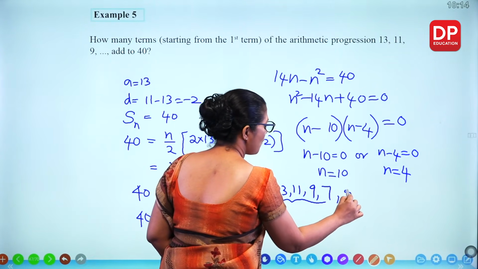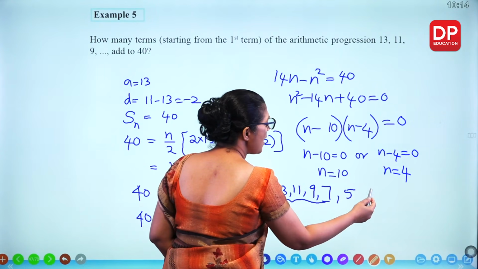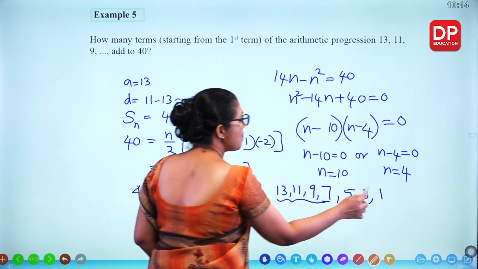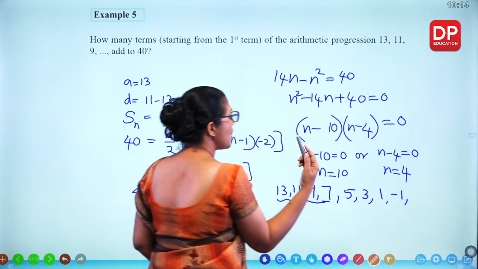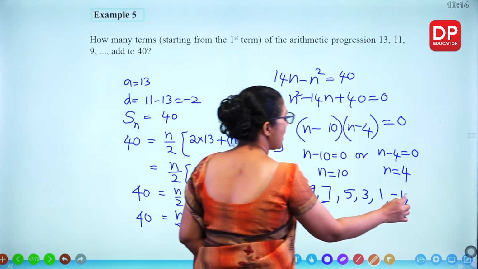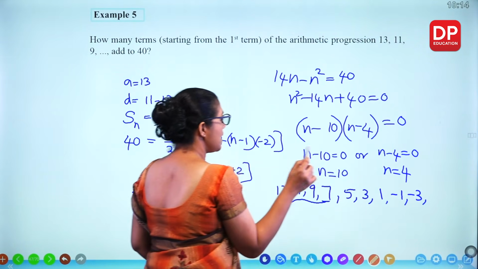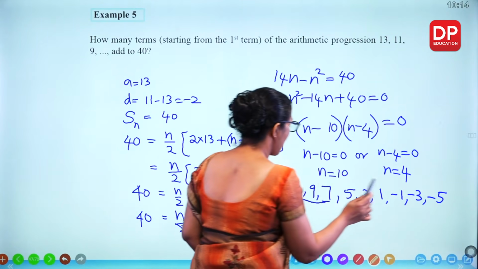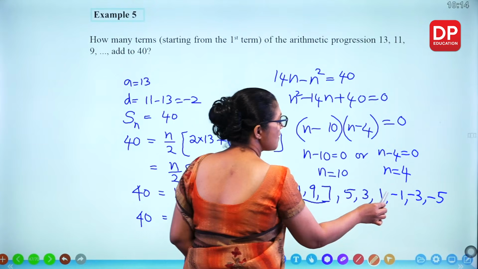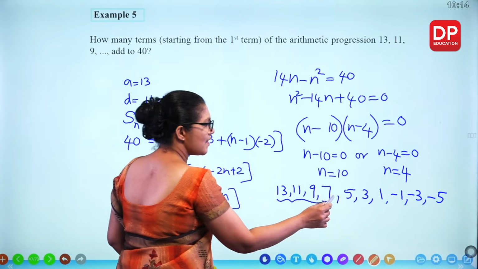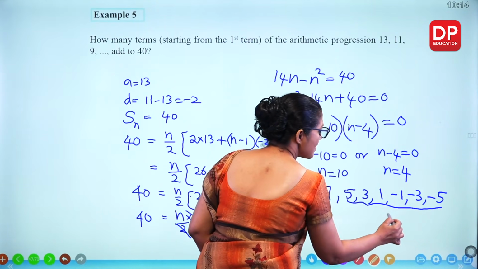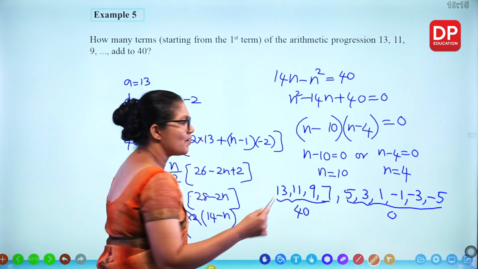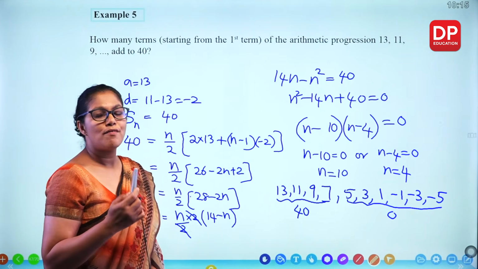Minus 2, you get 5. 5 minus 2, you get 3. 3 minus 2, 1. 1 minus 2, minus 1. Minus 1, minus 2, minus 3. Minus 3, minus 2, minus 5. Now can you see 1, 2, 3, 4, 5, 6, 7, 8, 9, 10. 10 terms are there. Here this sum is 0. That's why this is 40 plus 0. Again you are getting 40.